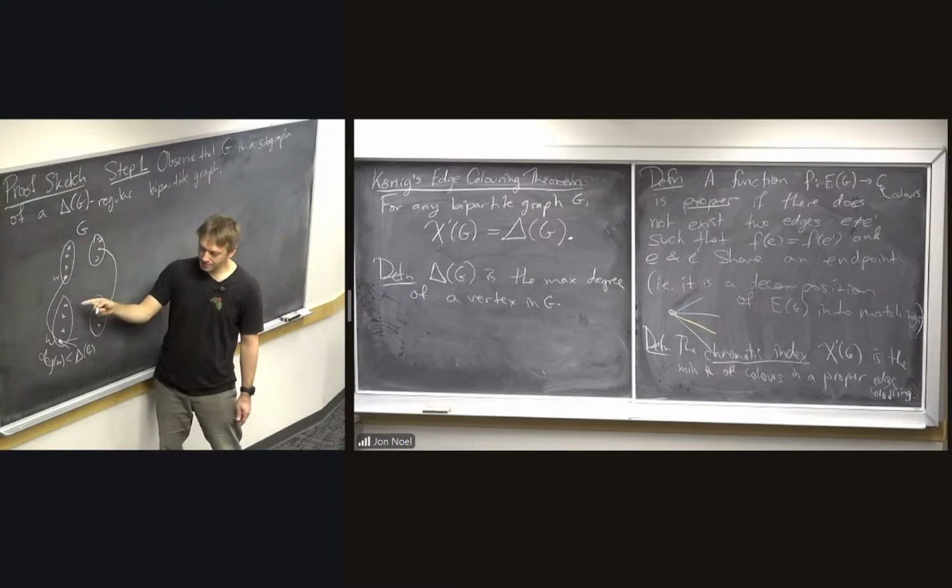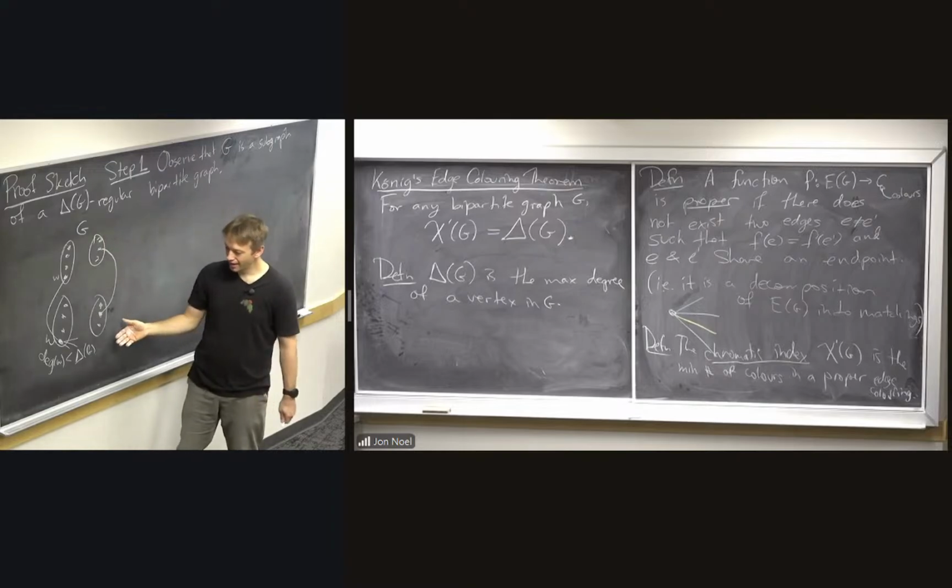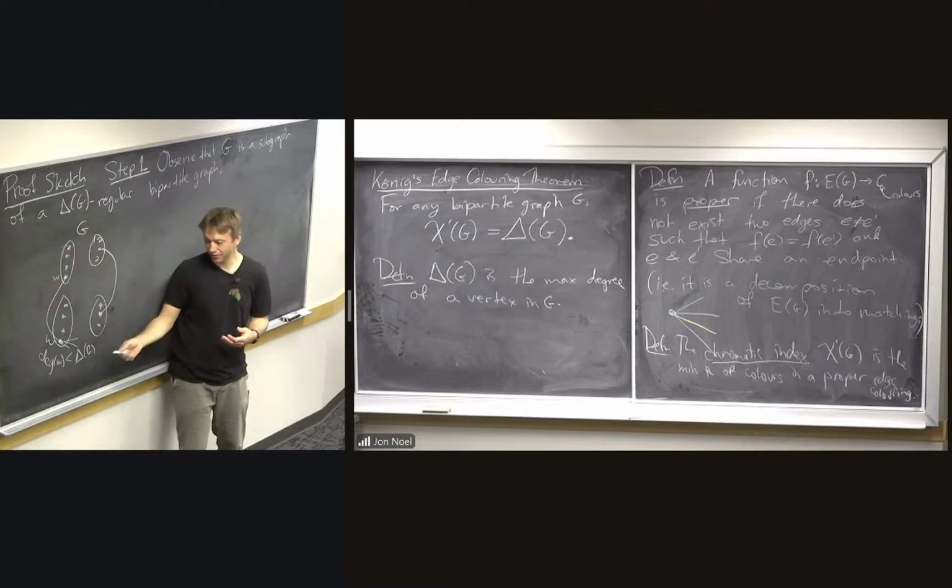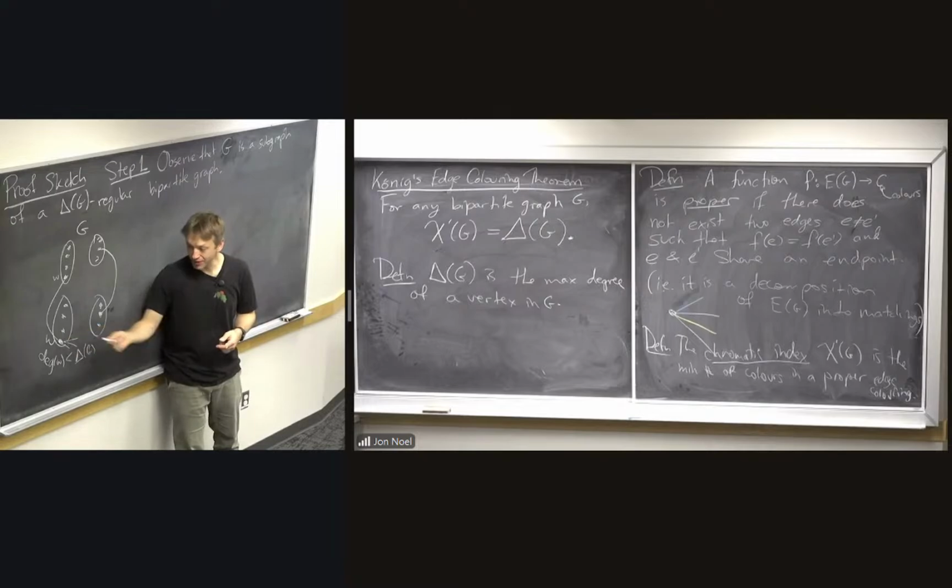And this stays bipartite because if I two-color it, say I color this red on the left side, blue on this side, and then I make this blue and red, I switch the colors on the two copies, it's still going to be bipartite. And now anyone who had degree delta still has degree delta, and anyone who didn't have degree delta, their degree has gone up by 1, because they've got this extra edge, right?